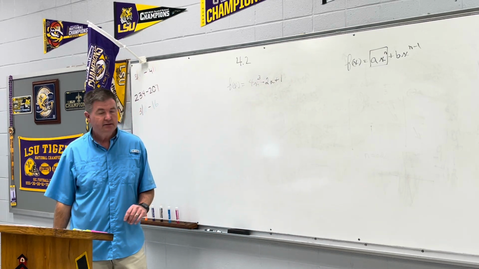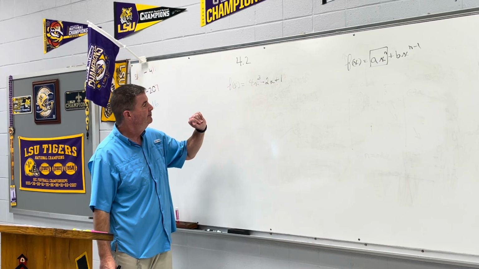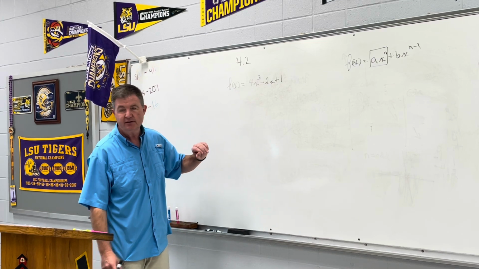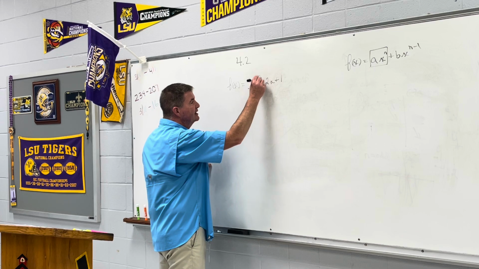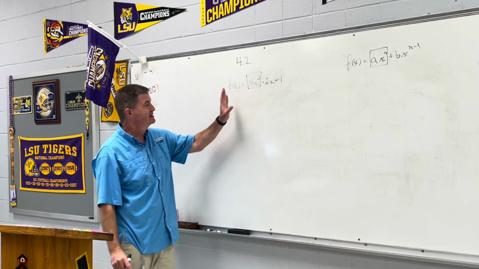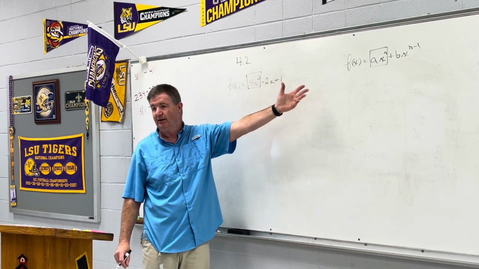In this case, we're looking for end behavior. The only thing that matters is the 4x to the third. The rest of it is just tag along, if you will.